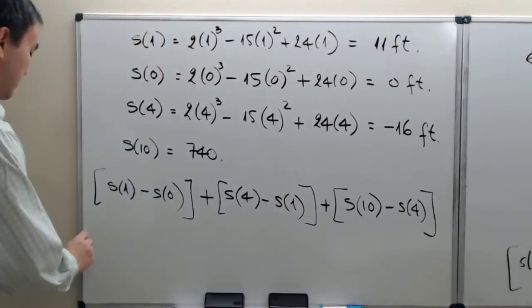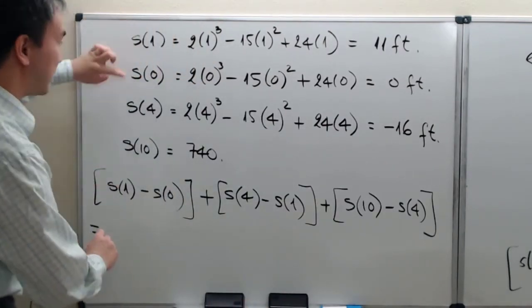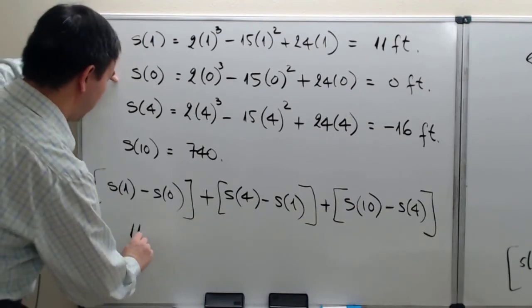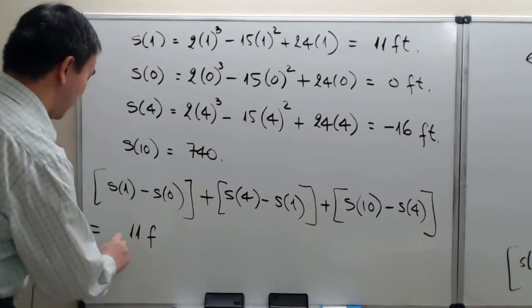So at 1, it's 11 minus 0, so it's 11 feet. So it's made 11 feet in that first interval.